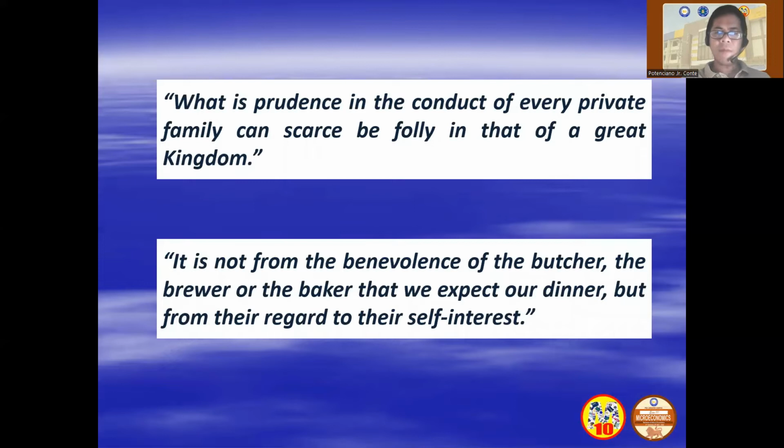Second, it is not from the benevolence of the butcher, the brewer, or the baker that we expect our dinner, but from their regard to their self-interest. Because of self-interest, the baker, the butcher, or the brewer are producing the goods that they sell. It's not because they want to please or satisfy the consumers, us, but they have a high regard for their self-interest.